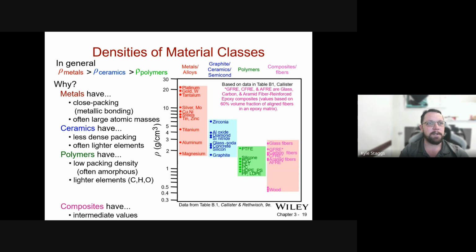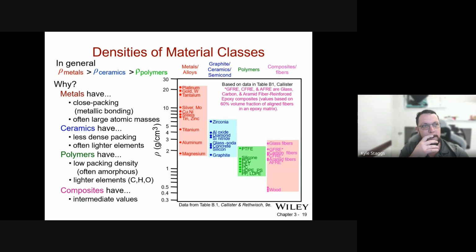Sometimes there's some nitrogen and some other elements in there, but mostly lighter elements. So when a metal material starts out with multiple times the atomic mass there, that creates all sorts of headaches.